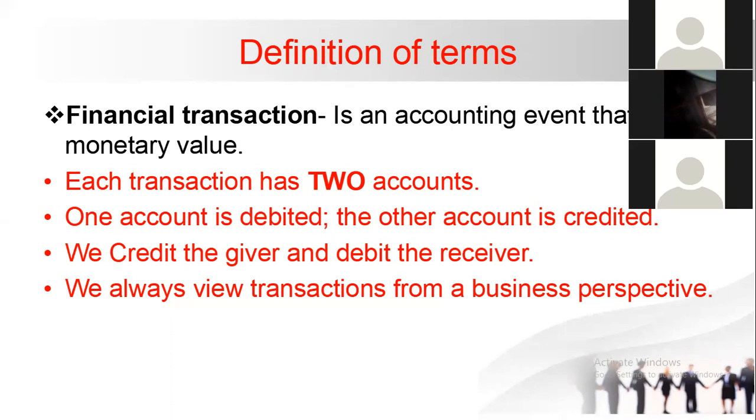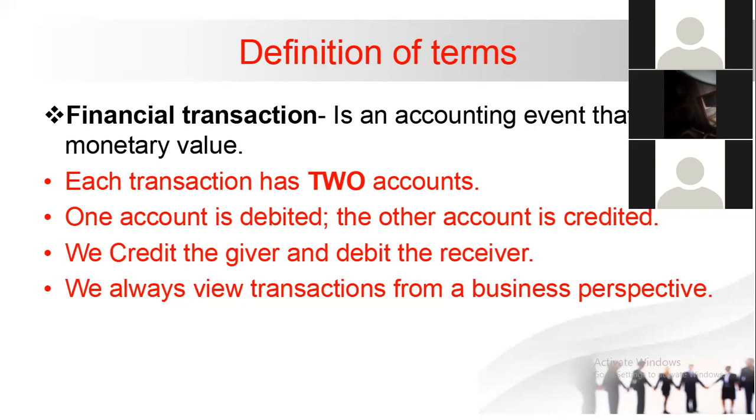And then how do you know which account to credit and which account to debit? We have a golden rule in accounting, here on the third point. We credit the giver and we debit the receiver. Whichever account is giving, we credit it. And whichever account is receiving, we debit it.